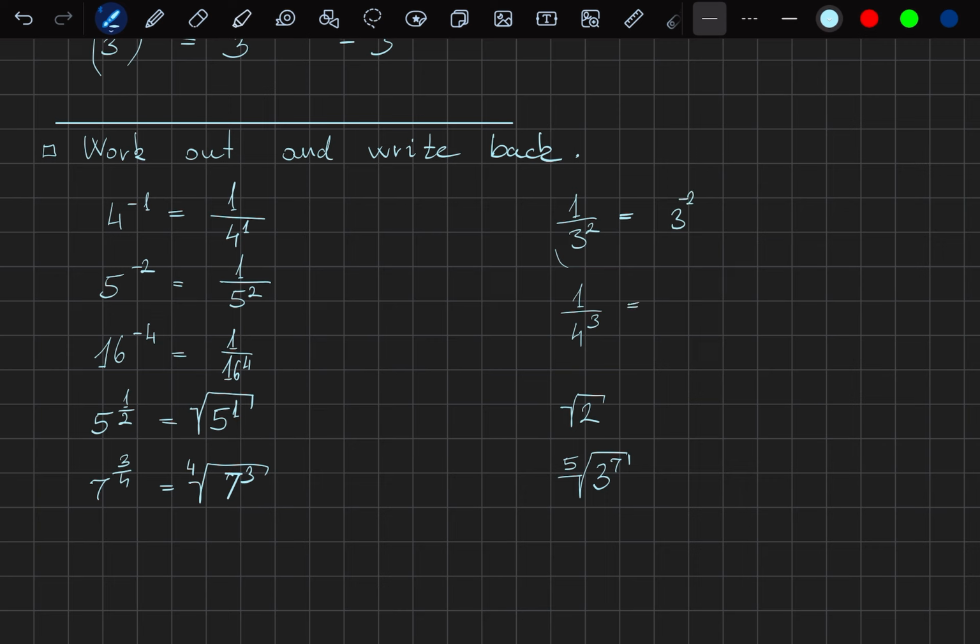Okay. 1 over 4 to the power 3, it's 4 to the power 3, and we can see it's minus 2 to the power 1 over 2, and here the base will be 3 to the power 7 over 5.